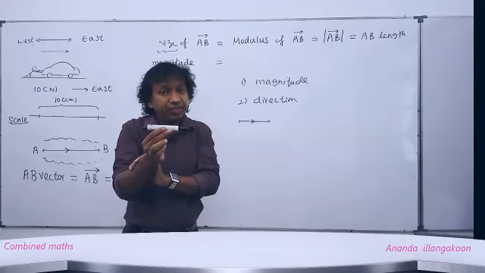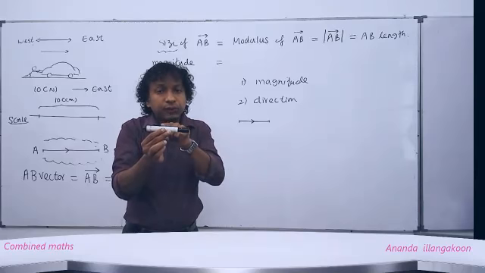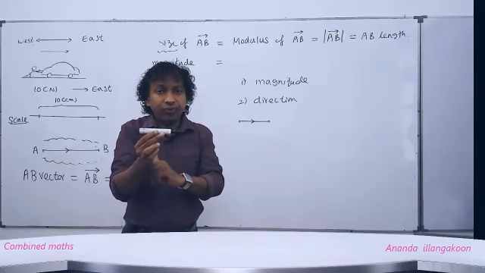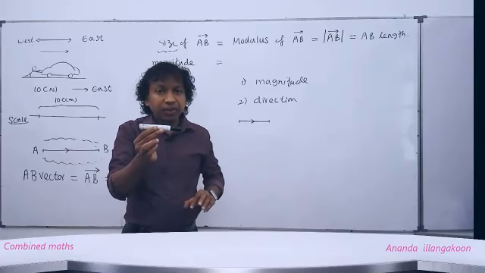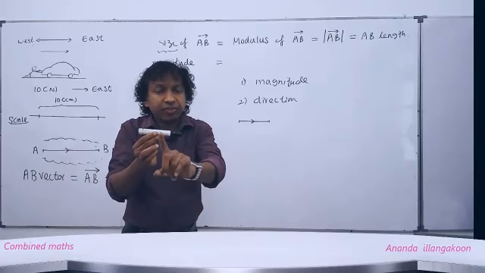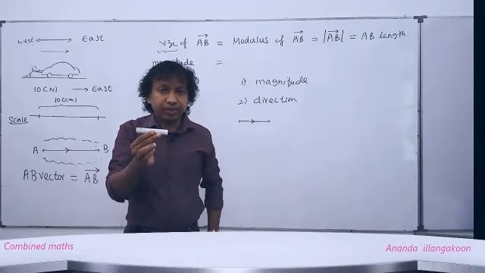Since the two qualities a vector has are available here for this pin as before, the pin at the first position and the pin at this position represent the same vector.